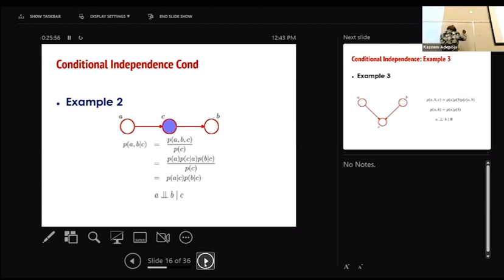From the law of conditional probability, divided by the probability of C. Now, you can get this from the structure. What is the probability of the joint based on the structure, based on the graph? That's going to be the probability of A, right? Then the probability of C given A, then the probability of B given C, all divided by the probability of C. Now, do you understand how we get that?